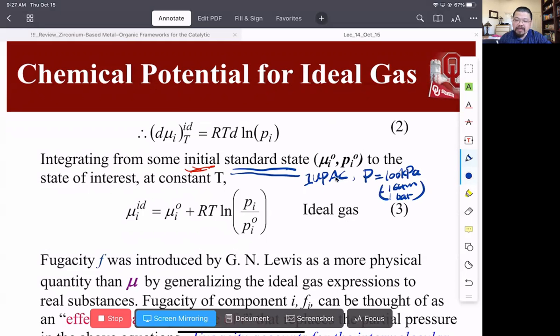Temperature could be any. And then for the gas, that shall be the ideal gas. For the liquid, that shall be the ideal solution. We have not really discussed the exact definition of the ideal solution. We shall have that today or next lecture. So that is the standard state.